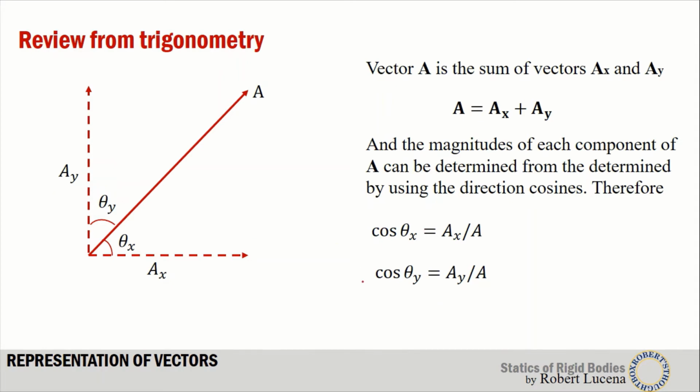From these two equations, we can say that Ax, the component of A along the positive x-axis, is simply the product of the magnitude of vector A times the direction cosine along the x-axis. And simply, the y component of vector A is also the magnitude times the direction cosine of the vector measured from the positive y-axis.